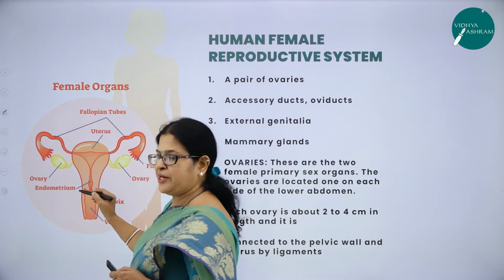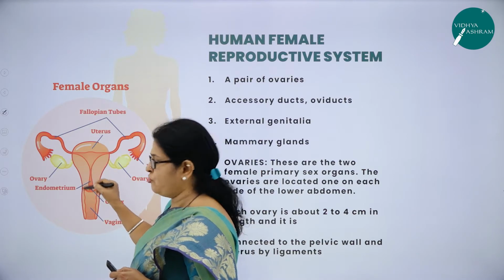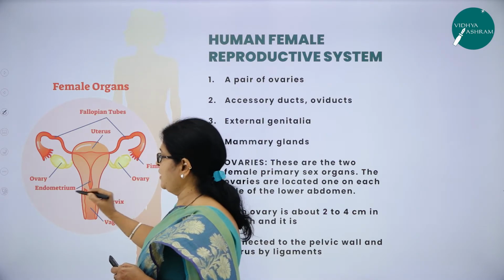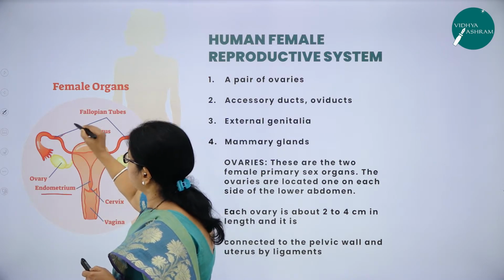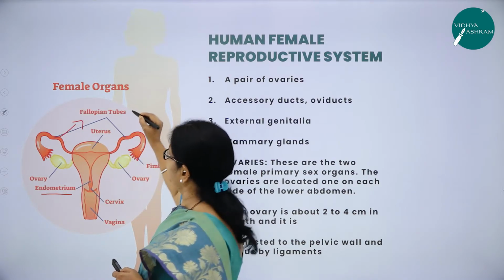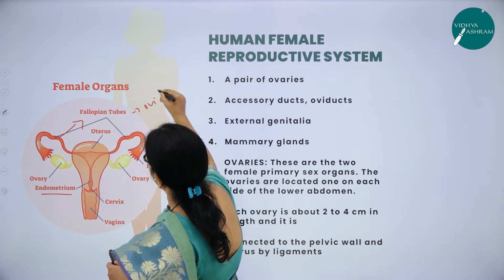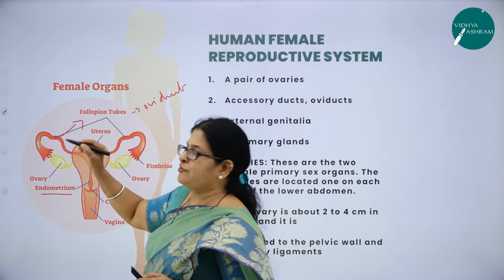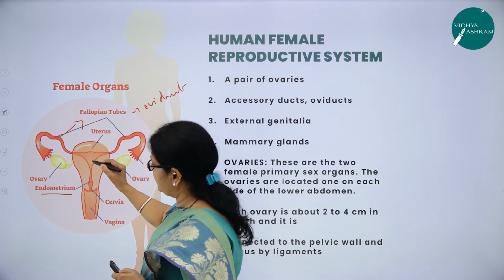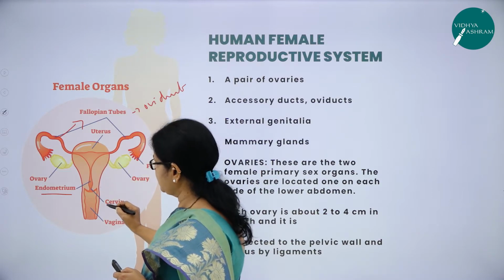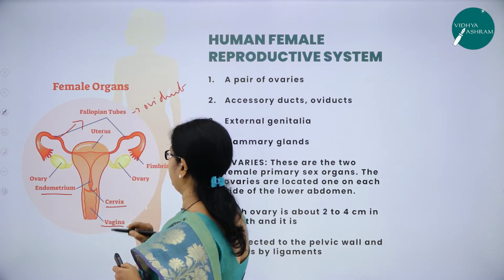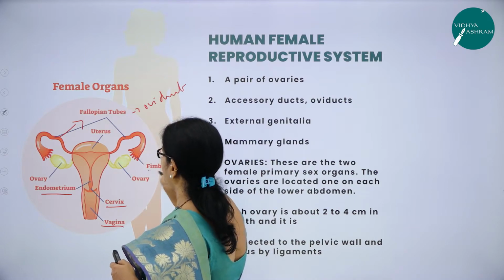And I remember I told you what is implantation? Endometrium wall. The inner wall of the uterus is called endometrium, and you can see this tubular structure which is called fallopian tube, or it is otherwise called oviduct.